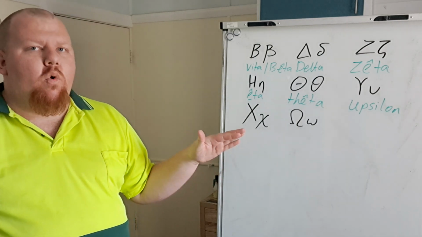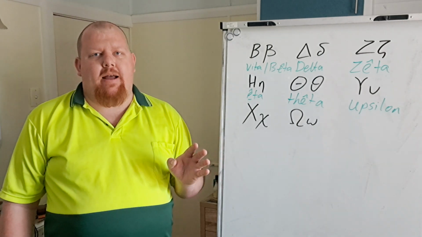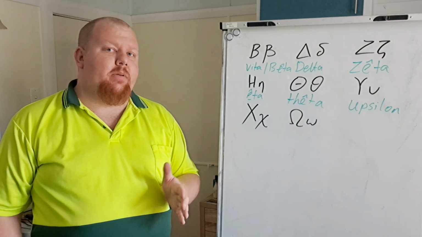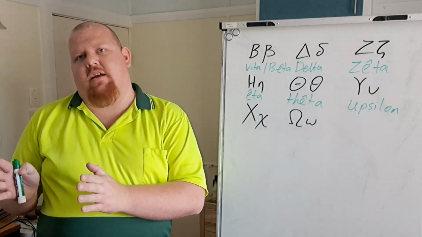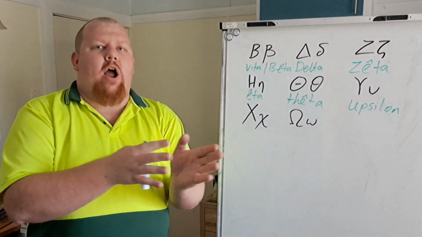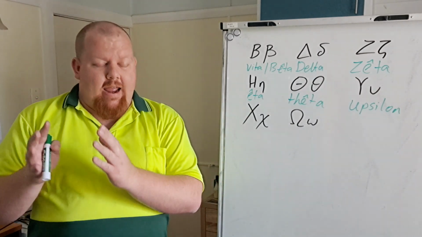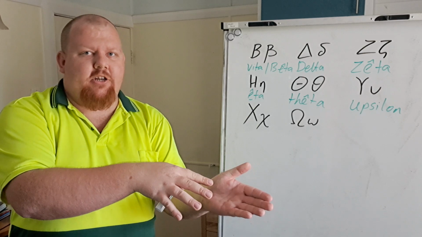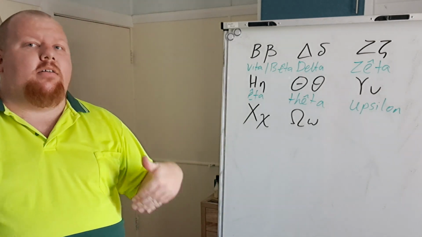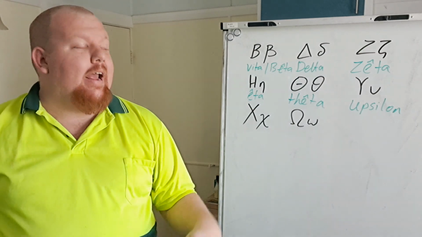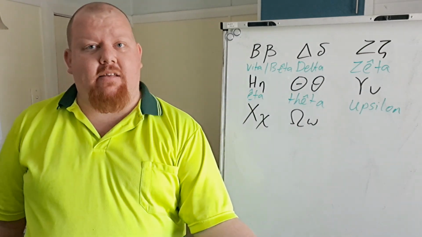Now, the reason for that is what happened in the Middle Ages is what's called iotization. So there's a lot of letters that just, for whatever reason, started taking more of an iota-based sound, hence why it's called iotization, becoming like iota. So that's why eta takes on an E sound and upsilon takes on an E sound.